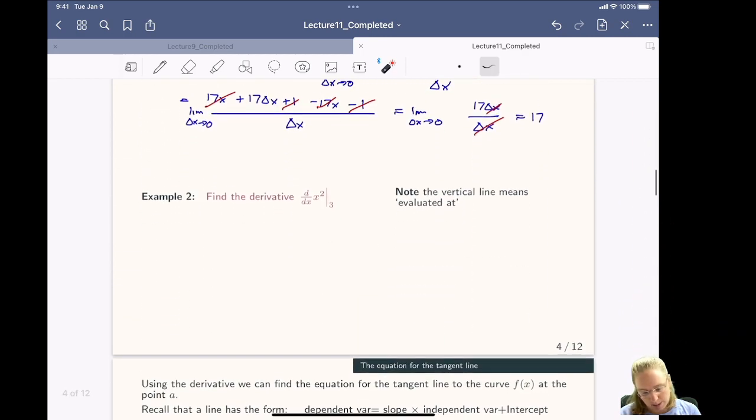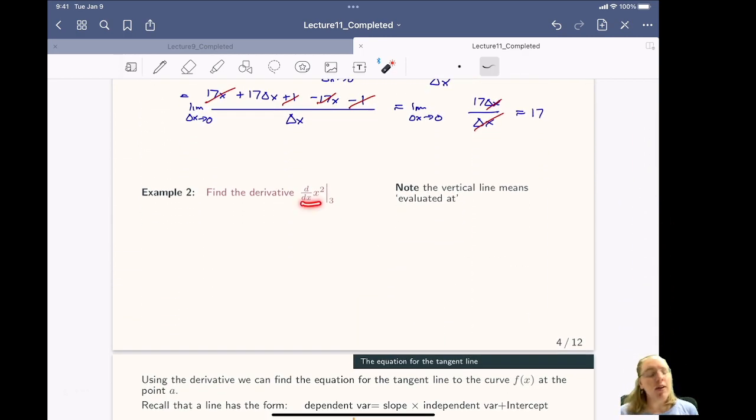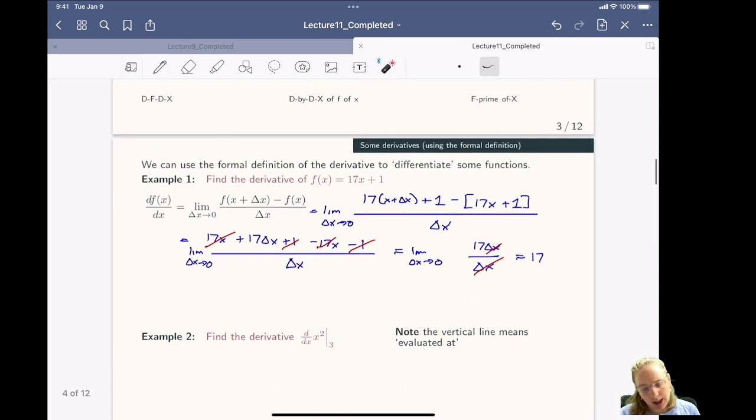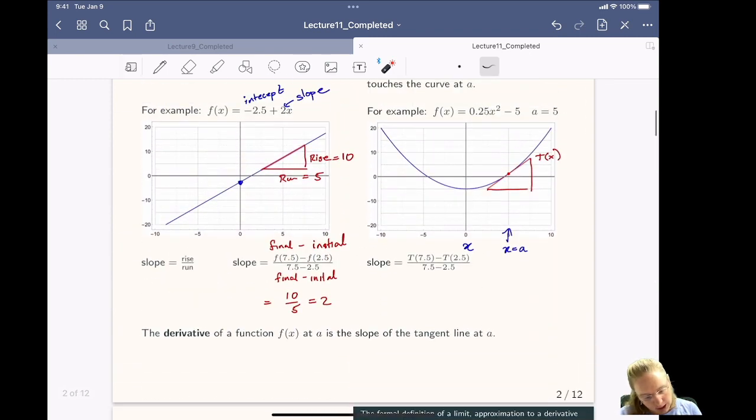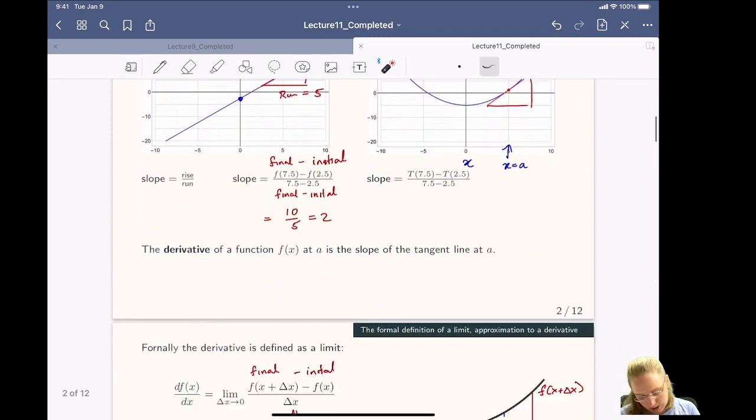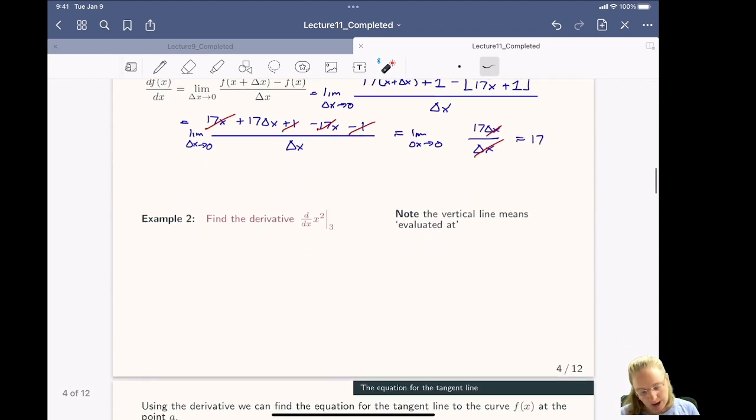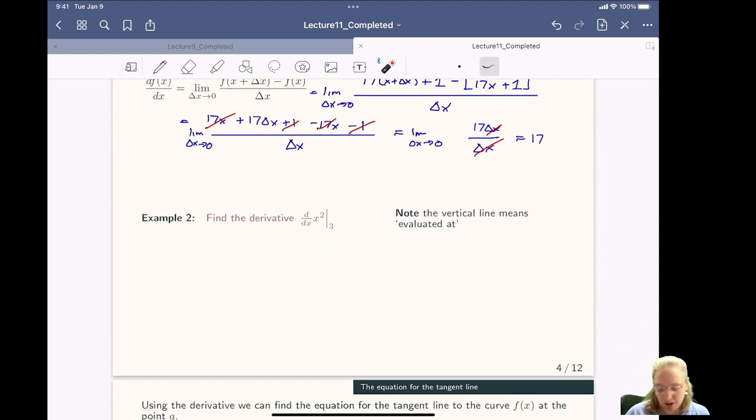All right, so what happens if we take the derivative of the quadratic x squared and we evaluate this derivative at x equals 3? So once we have taken the derivative, we say, what is the derivative at the point x equals 3, just like we have shown here. Well, that was actually x equals 5, but we're going to do x equals 3.